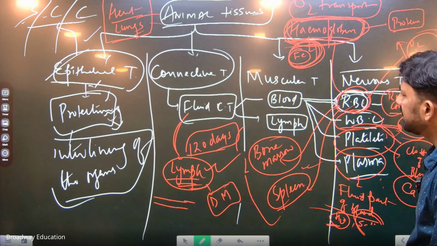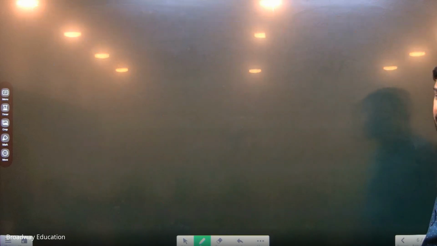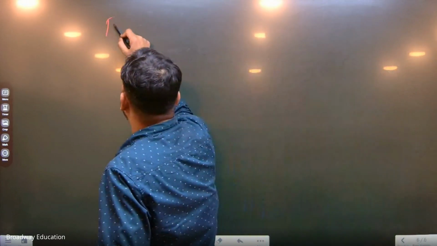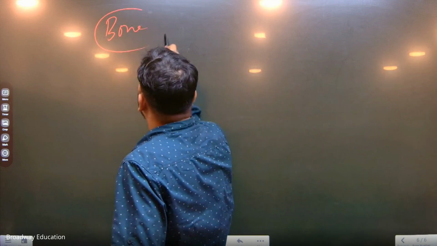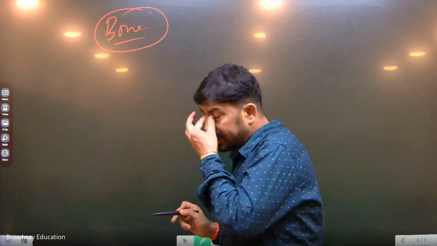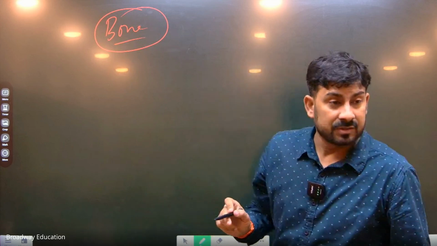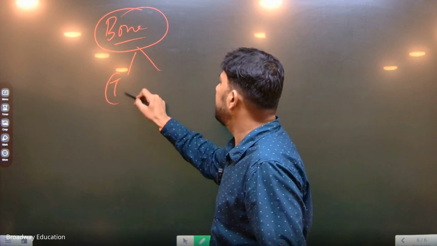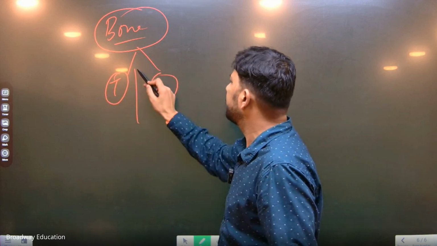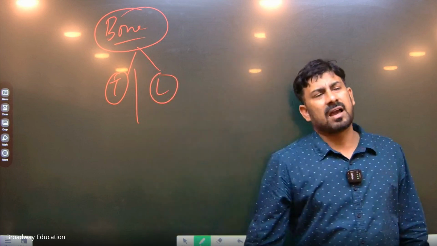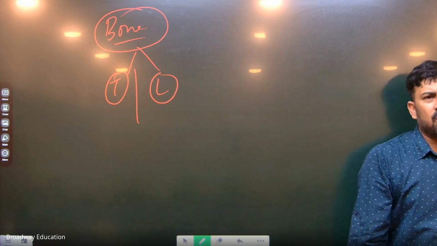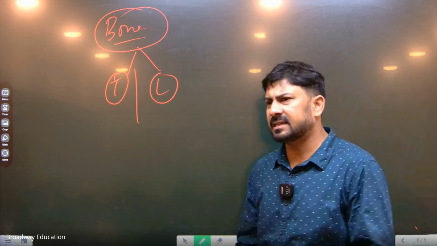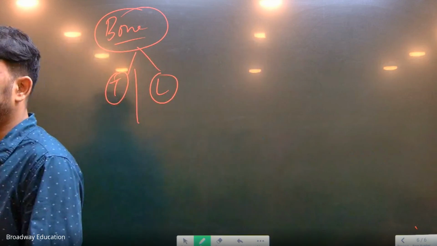Now after this what we discussed friends, what was the next topic? Bone. So bone के अंदर हम लोगों ने देखा था, बोन के अंदर हम लोगों ने क्या देखा था? टेंडन एंड लिगामेंट। ओके, सो टेंडन एंड लिगामेंट, देखिए ये दो तरह का, we have these two types of fibrous tissues which are found, okay, and one basically connects the bone with the muscles.